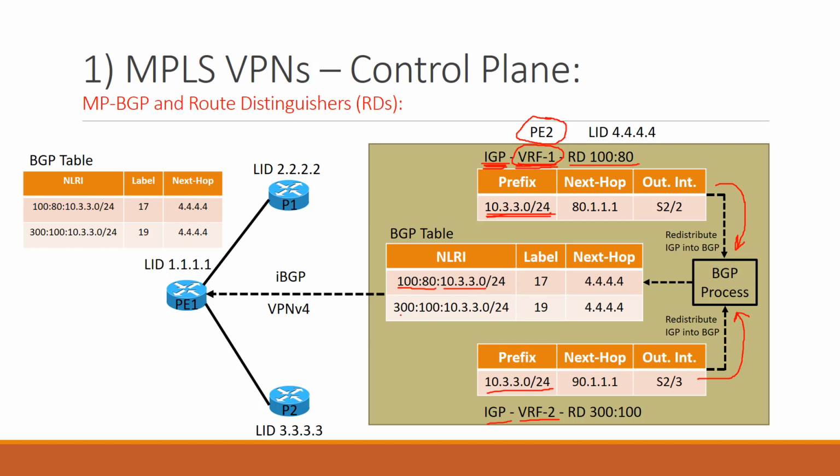As you can see in the BGP table, the two learned routes are unique because of the used route distinguisher, and this is the purpose of the route distinguisher, to distinguish between duplicate prefixes. If you use this NLRI as a whole, it will not be the same as this one.